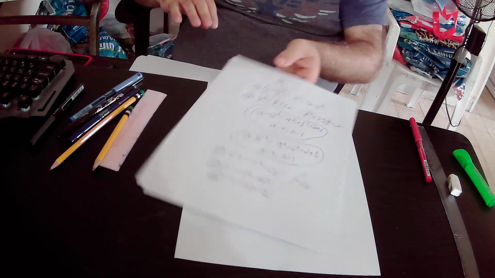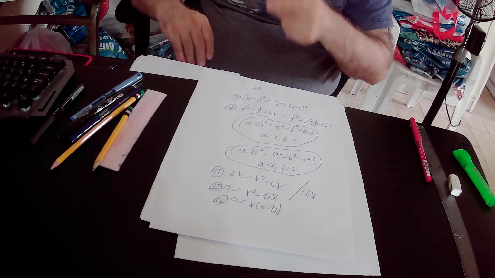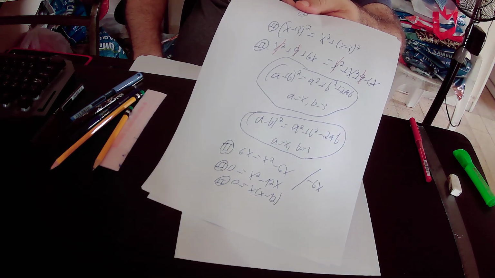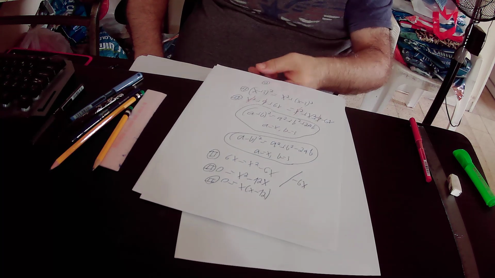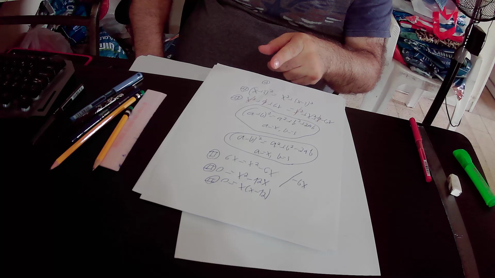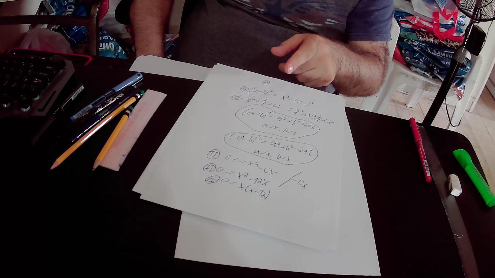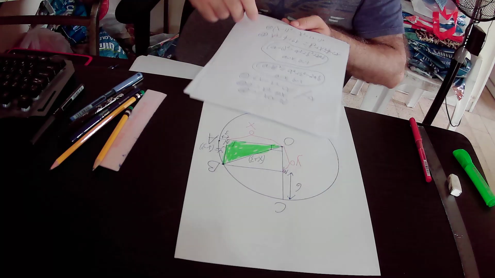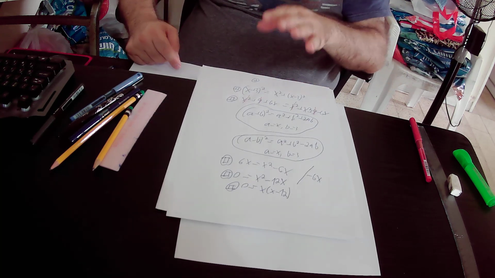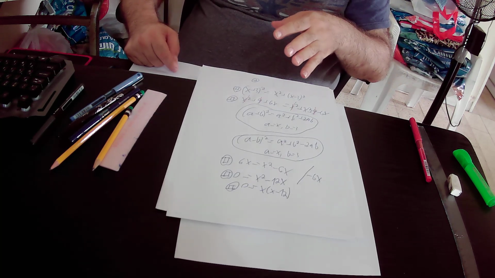Okay, according to the Pythagorean theorem, in the right triangle ONB, the square of the hypotenuse, that is (x plus 3) squared, equals the sum of the squares of the perpendiculars, x squared plus (x minus 3) squared.